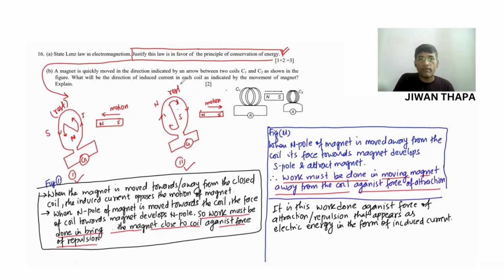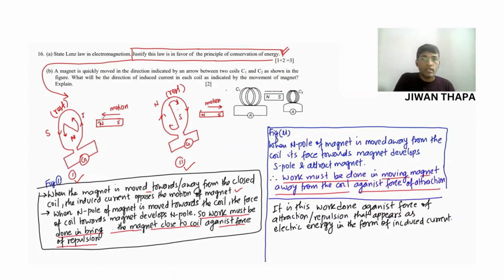In figure 1, the magnet is moving towards the coil, and in figure 2, the magnet is moving away from the coil. Now, when the magnet is moved towards or away from the closed coil, the induced current opposes the motion of the magnet. So this is in accordance with Lenz's law.